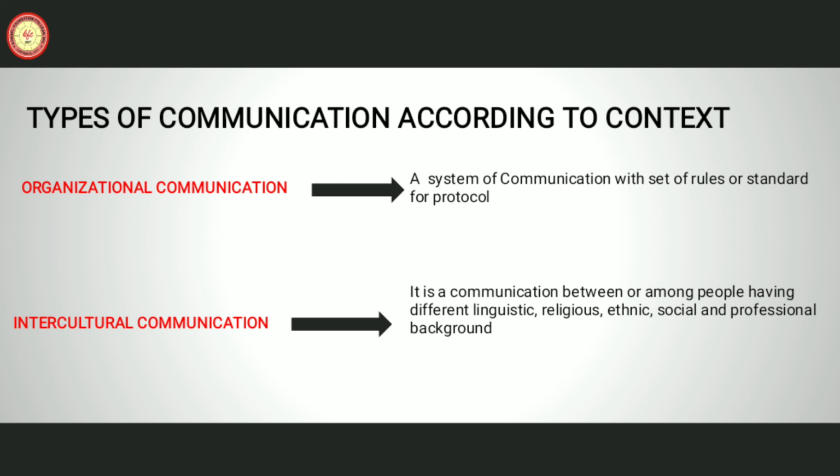So for an organization to be successful, a system of communication should be put in place. So meaning to say, there should be rules or standards for communication protocol that should be made clear so that interaction patterns are established.